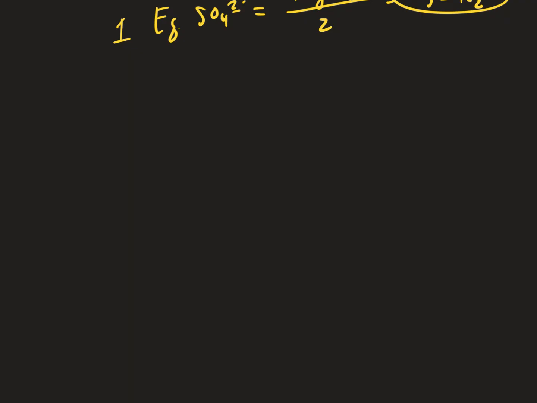So this one we kind of just did, right? So can we just say 1 equivalent of sulfate is equal to 48 grams of sulfate? Are y'all with me? So we kind of did that step already.